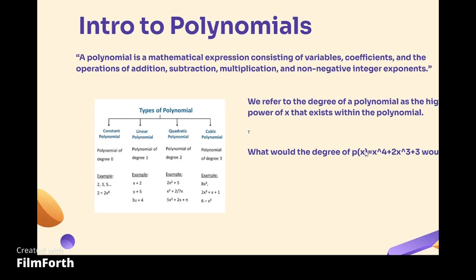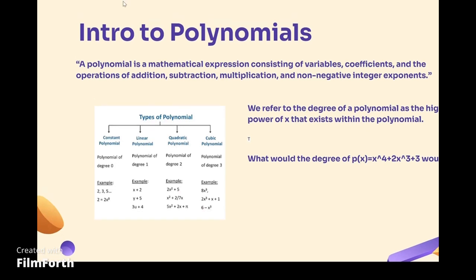There's no greater exponent. So the highest exponent is 4, and that would give us our degree. Is that how everyone thought about it, trying to see what the degree would be? Okay, I think it's just terminology we use.